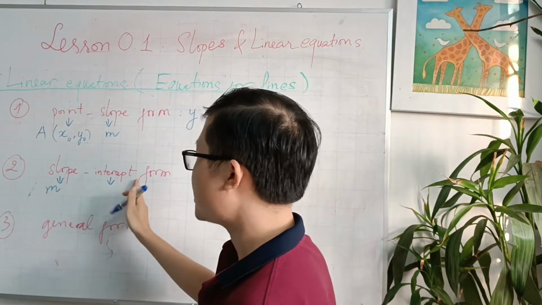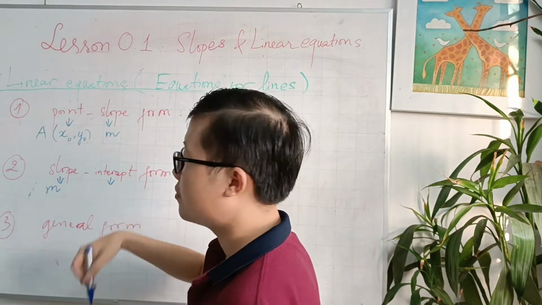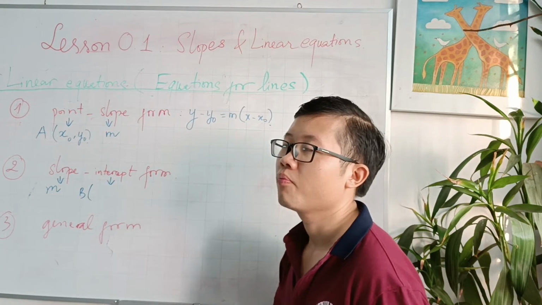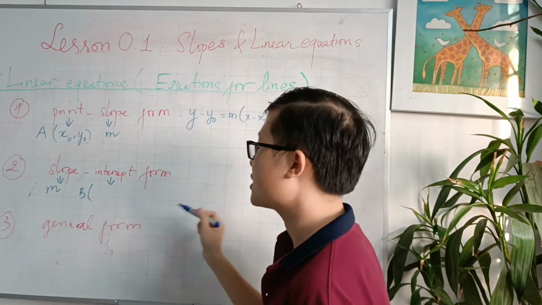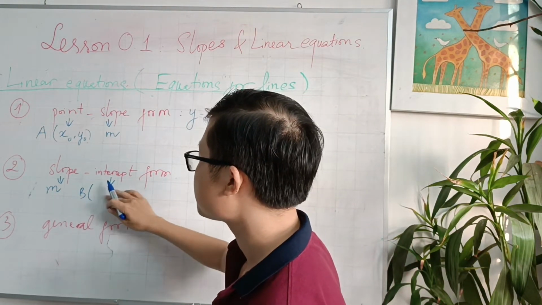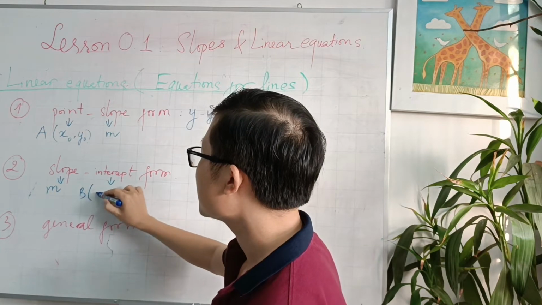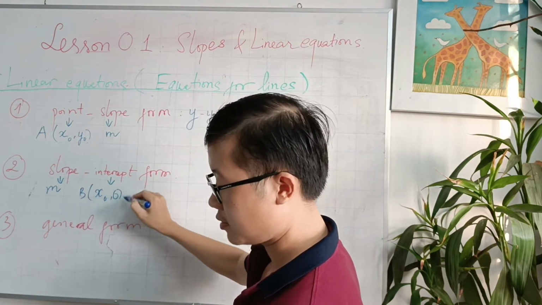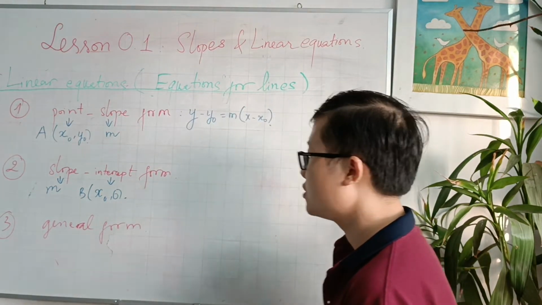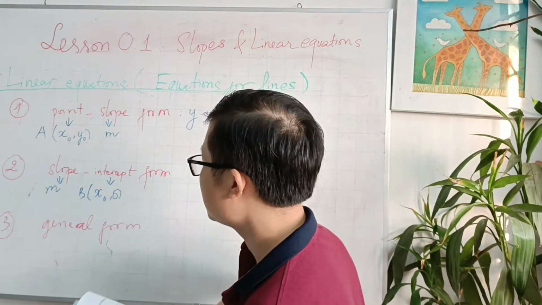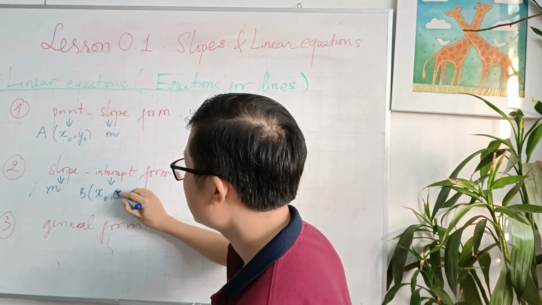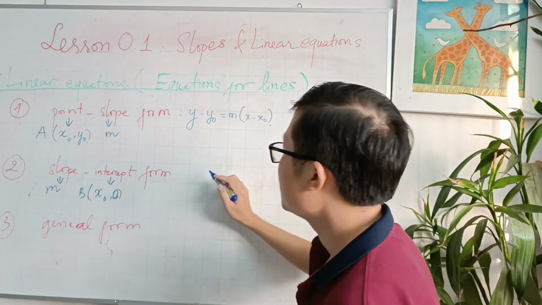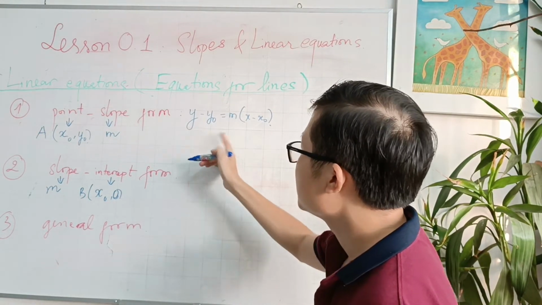So we have a point B lying on the x-axis, with coordinates (x0, 0).